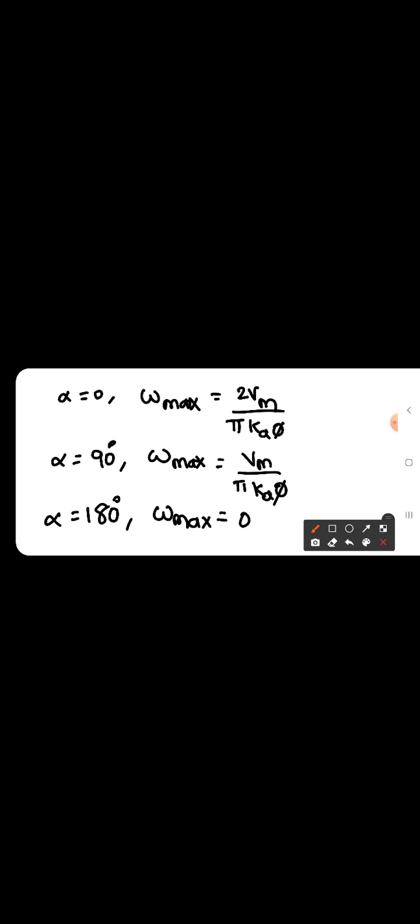Just write this point as important. When the firing angle alpha is increased, the torque speed characteristics of a separately excited DC motor or DC shunt motor move towards the x-axis.